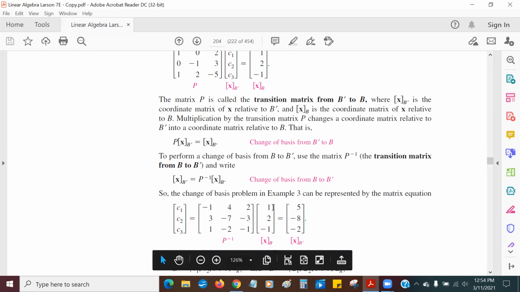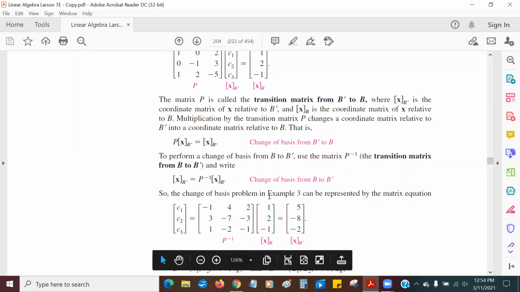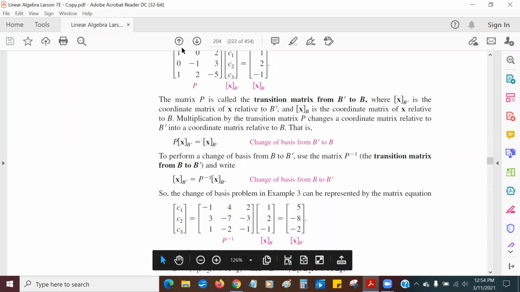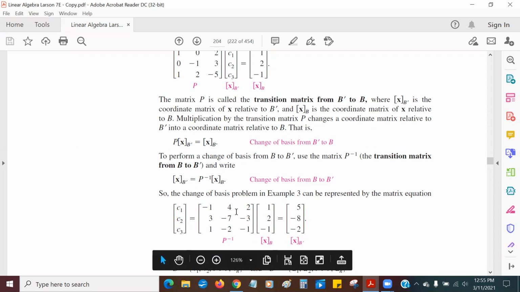I took 1, 2, -1. That's what I was given. Don't forget, in example 3 we were given the 1, 2, -1, and we needed to solve for the 5, -8, -2. So basically, you multiply that times this. Now where did we get this matrix from? This here is the inverse matrix of that one up there. And in one of my other videos, I made a bunch of short little videos, and I show you step by step how to get it.